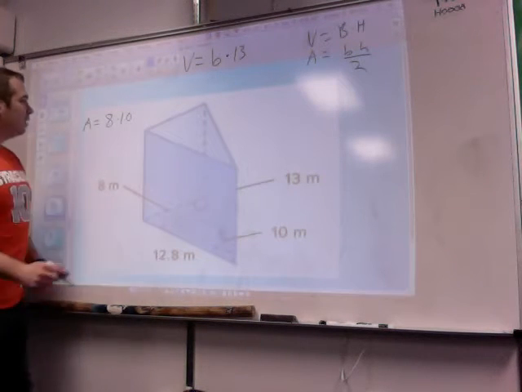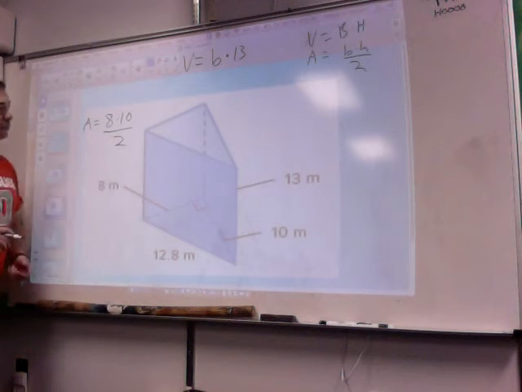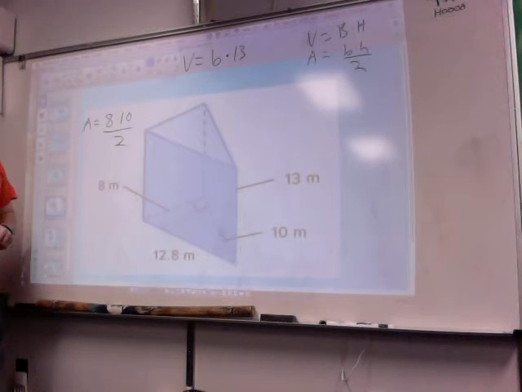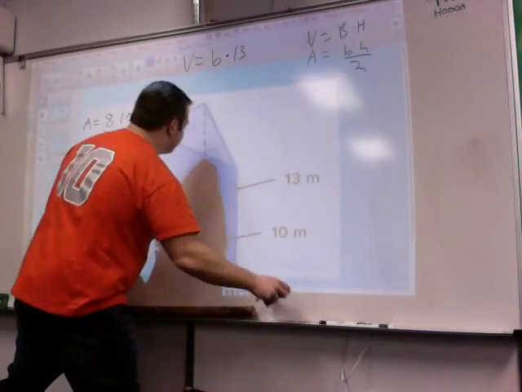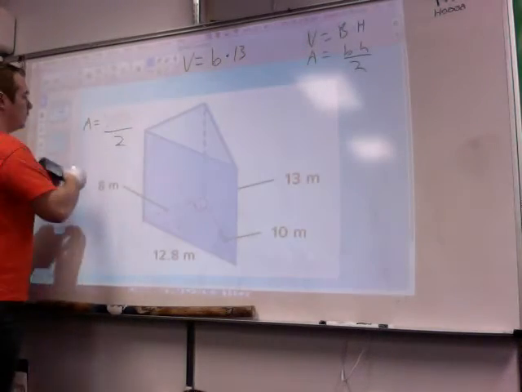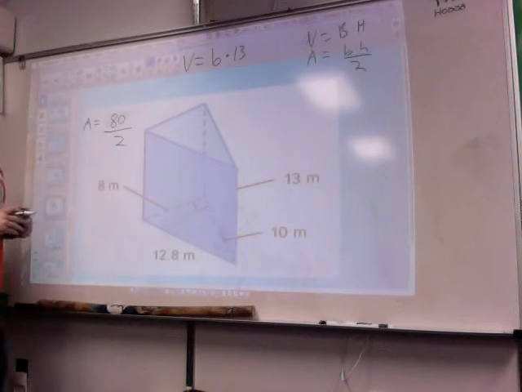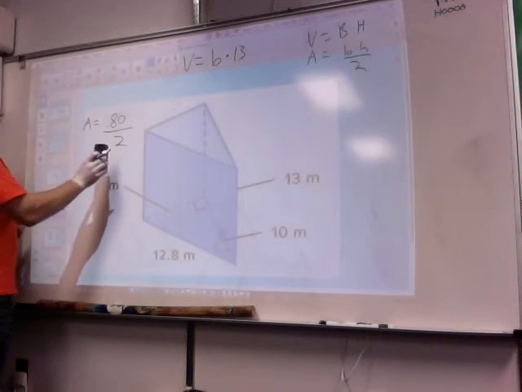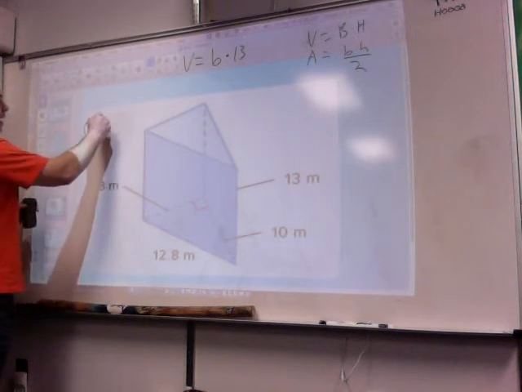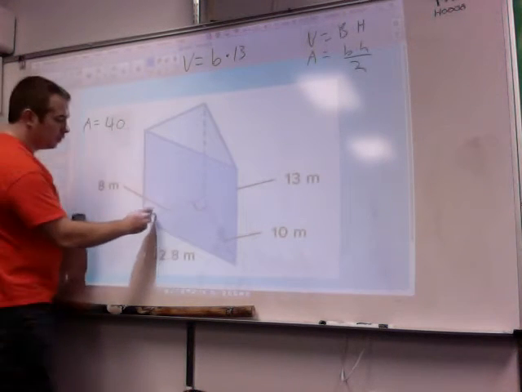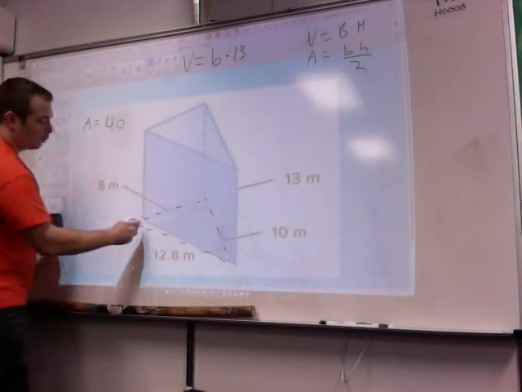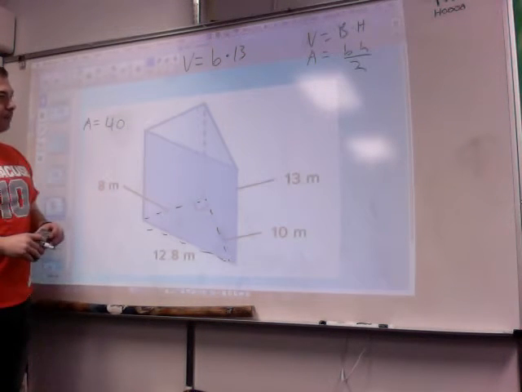That's a side, divided by 2. Okay, so 8 times 10 equals 80. So this part becomes 80. And 80 divided by 2 equals 40. So my area of this triangle, which is my base of the whole triangular prism, equals 40.